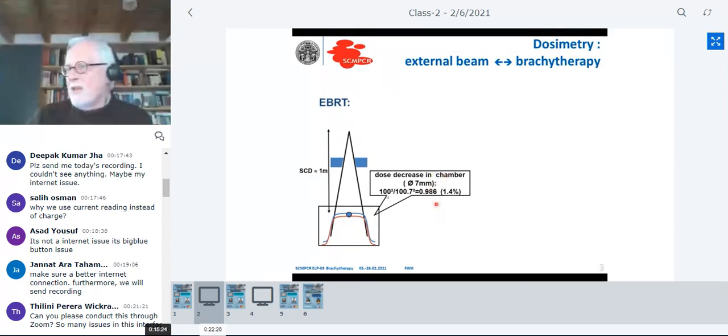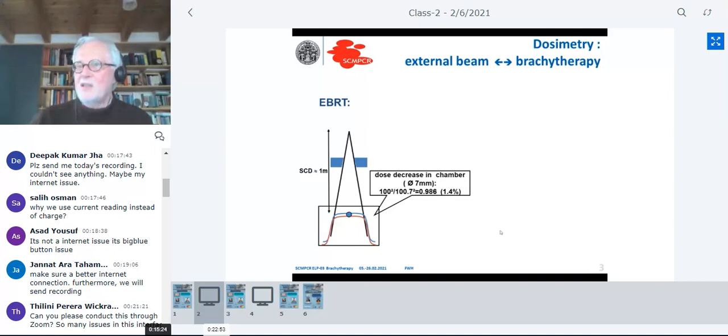This is simply the inverse square law. You normally correct for this by a volume correction, or by positioning the source half a radius in front of the point that you want to measure. So you can handle this for an external beam, and that's the way you get your data. You measure all the data that you will be using in your planning system, and then put it in the planning system.